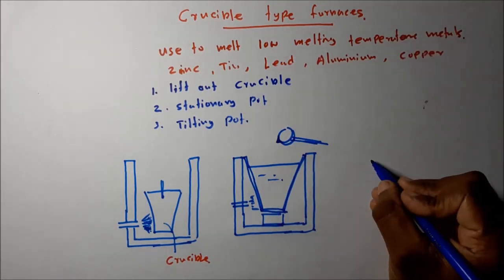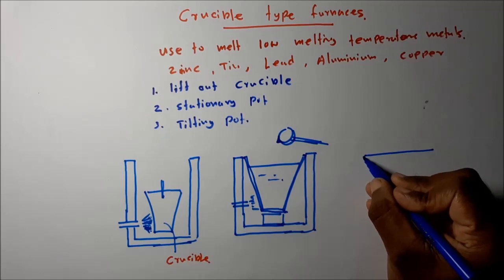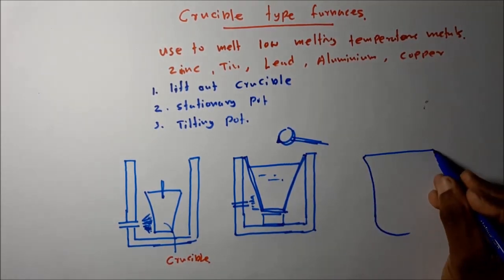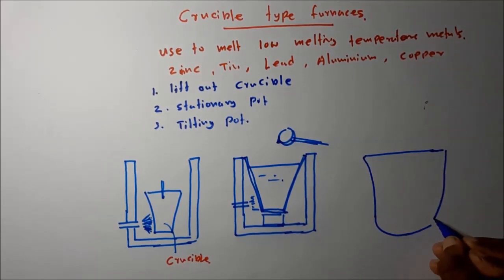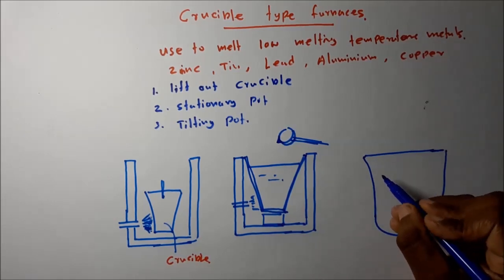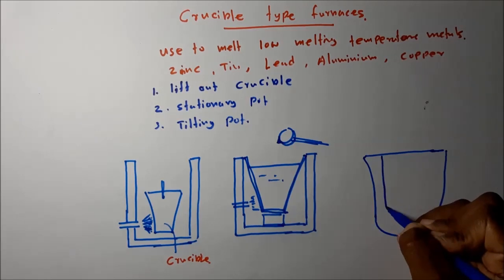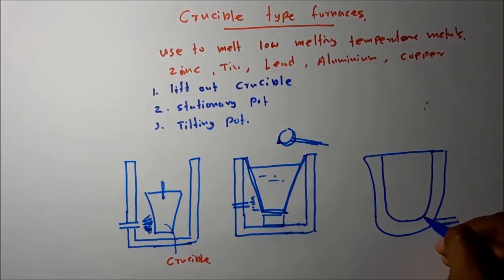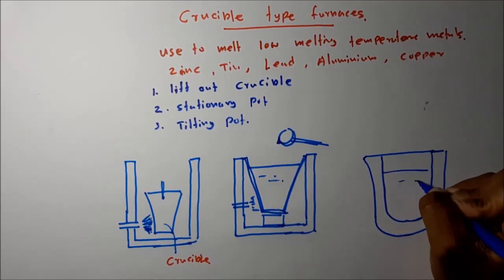So then another type, the tilting type. Okay, the tilting type is like this. This is the flame. Then there is a steel housing, and this is the crucible. This is the charged material.